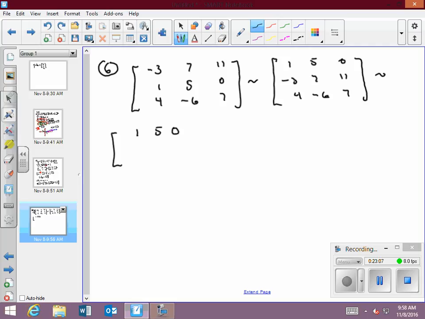And I'm multiplying the first row by 3, so I get 0, 15, what's that, 22, and 11. And the first row by minus 4 is 0, and it's 26, and 7.